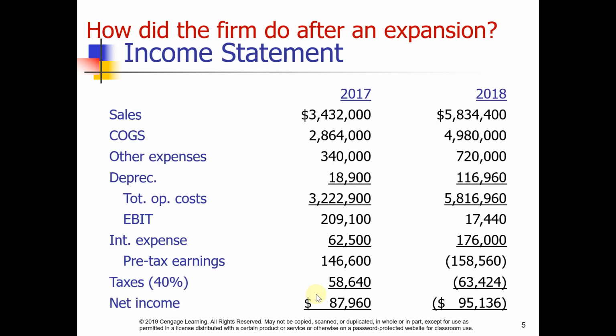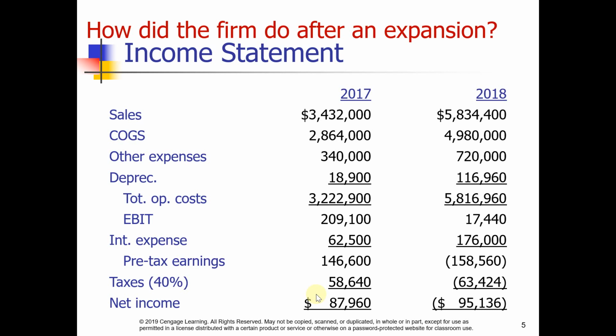Okay, so we're going to learn about financial statements in the context of a firm's expansion. The example on these slides is like a case study where a firm decided to undergo a major expansion, and we're going to see how that expansion affected its financial position in different ways.